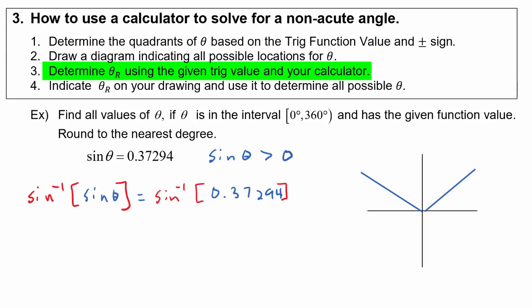Now we learned earlier that the sine inverse is the function that undoes sine of theta, and we will be left with theta on the left-hand side. To figure out the right-hand side, we will need to use our TI-30 calculators.